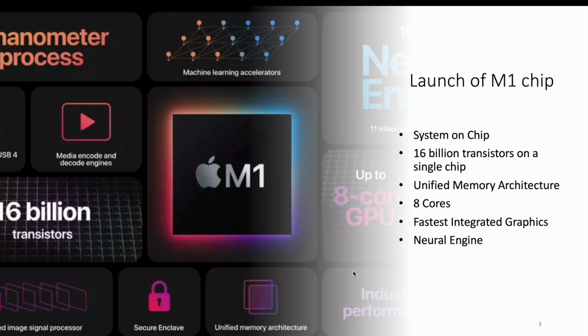The chip is capable of running complex applications with ease, and it offers a 3.5 times boost in CPU performance and a 6 times boost in GPU performance compared to previous Mac models. This performance boost is especially noticeable when running intensive applications such as video editing and other complex tasks.